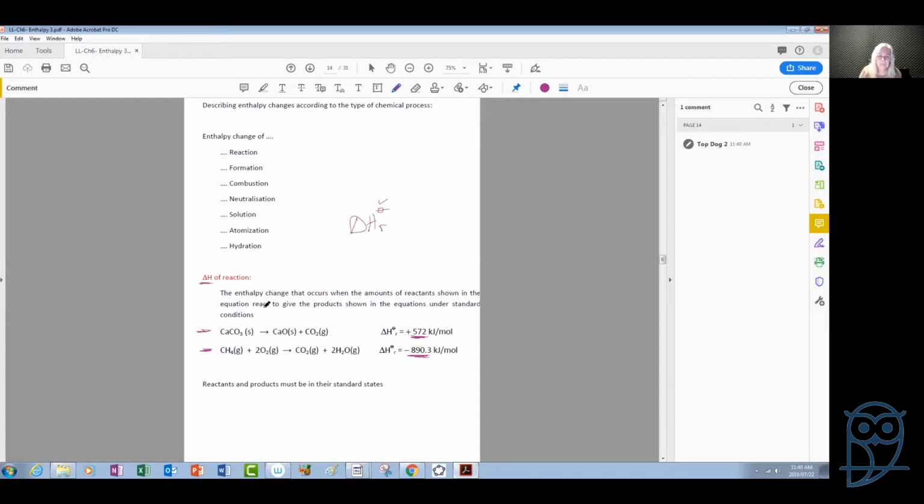So, in general, it is the enthalpy change that occurs when the amounts of reactants shown in the reaction equation react to give the products shown in the equation. So why do I make this big fuss?